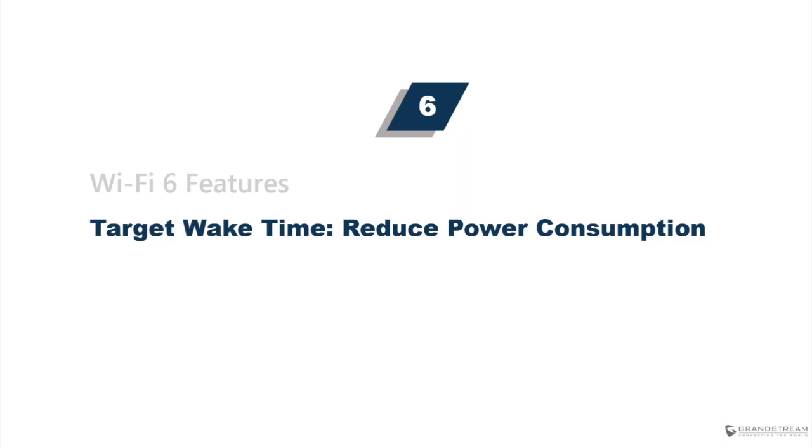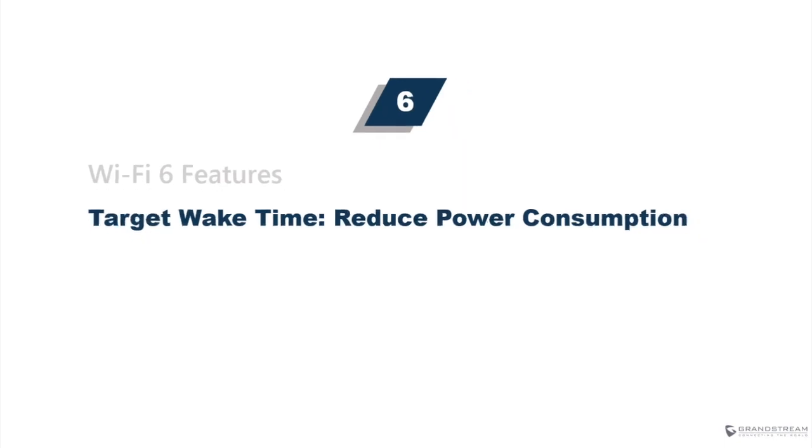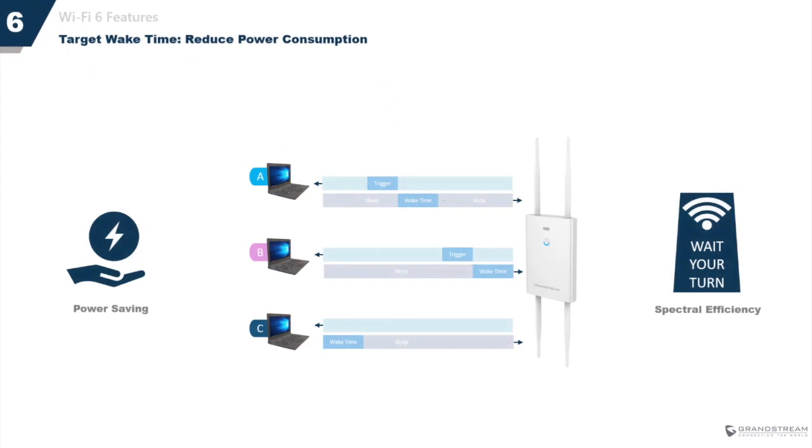To reduce power consumption and medium contention, Wi-Fi 6 introduced target wake time feature. The main goal of target wake time is to save power on the wireless devices by enabling them to determine how frequently they will wake up to transmit and receive data.